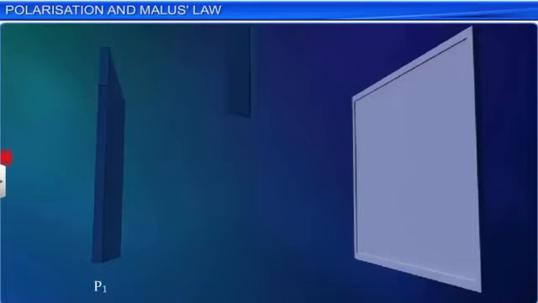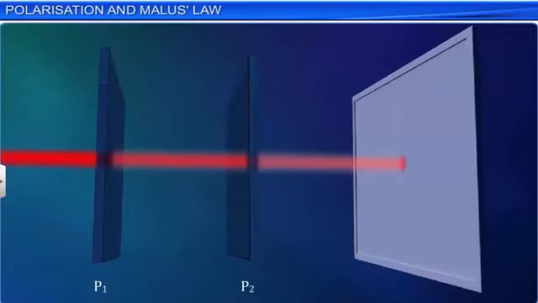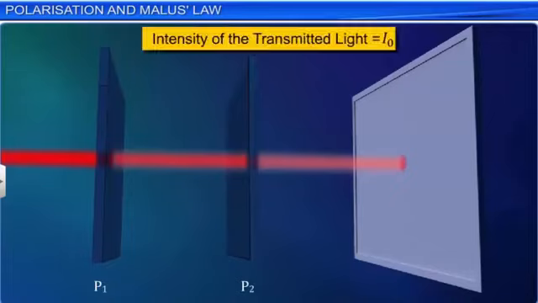Now, place another Polaroid P2 between the first Polaroid and the screen, in the path of the plane polarized light of intensity I0. The intensity of the light falling on the screen depends on the orientation of the Polaroid P2.